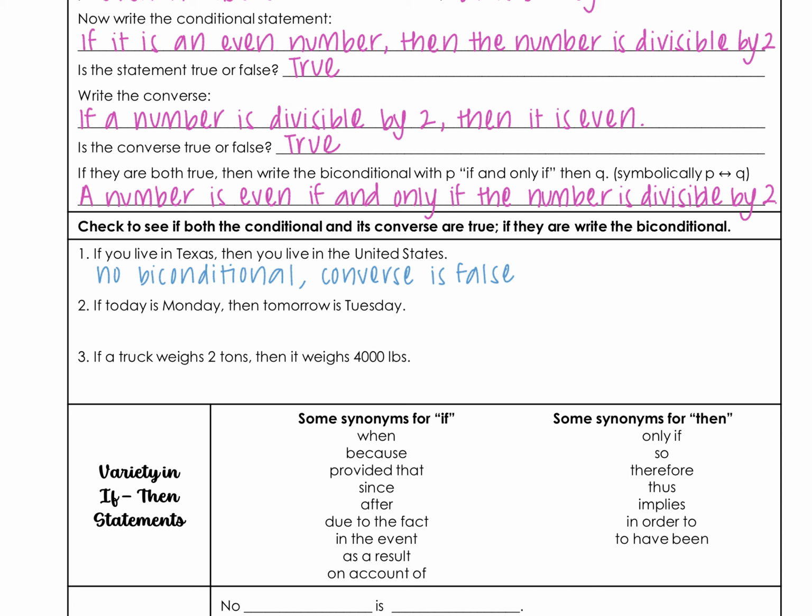Moving on to number 2, we have if today is Monday, then tomorrow is Tuesday. That is a true statement. Now let's think about our converse. If tomorrow is Tuesday, then today is Monday. Well, that is also going to be a true statement.